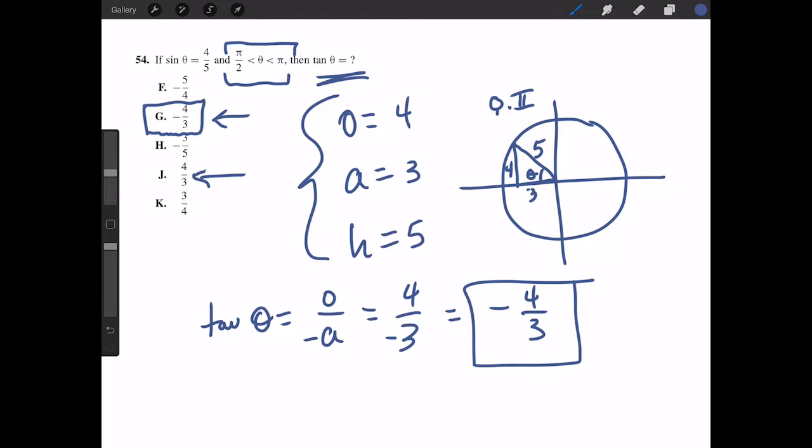As opposed to choice J, which is the simplistic answer, that would be true if this angle had been in quadrant 1 or in quadrant 3. But because the angle is in quadrant 2, and this is what's giving that away, then you know that tangent was going to be negative, which meant that G was the correct choice.